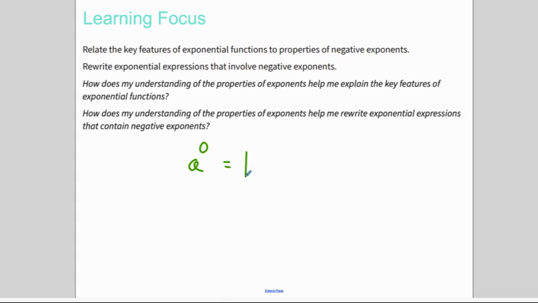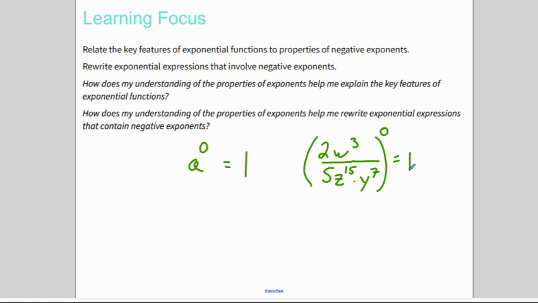So anything to the 0 power is 1. So for example, I could write this really disgusting looking problem, and if I put it to the 0 power, that's just 1. I wouldn't have to do any work to get that answer. It's just a fact. It's what it is.